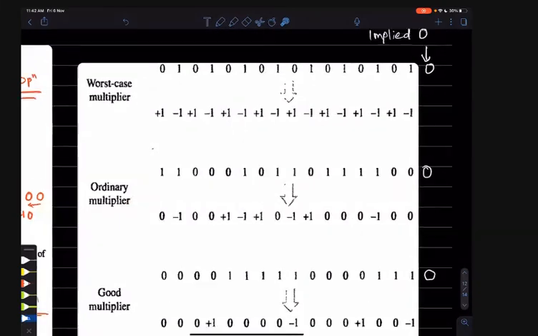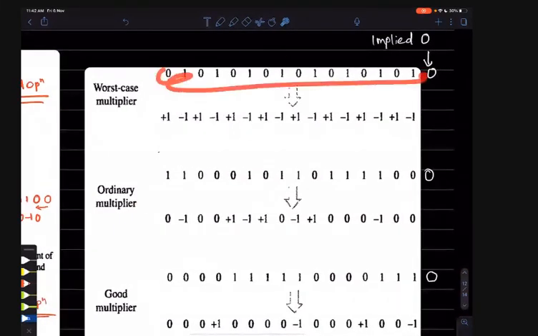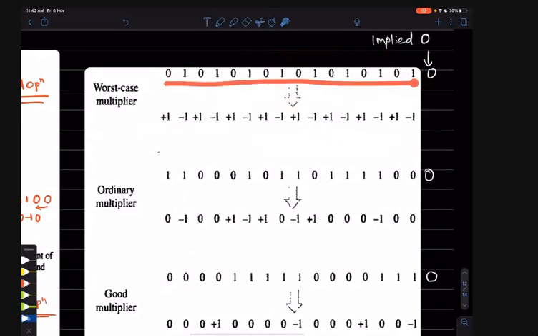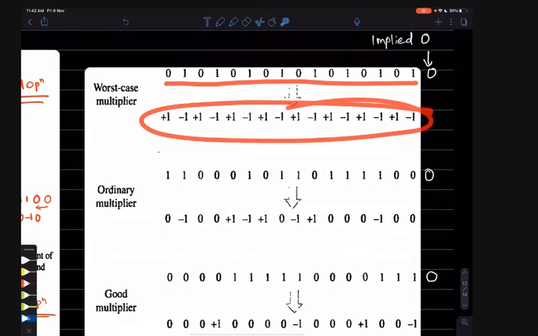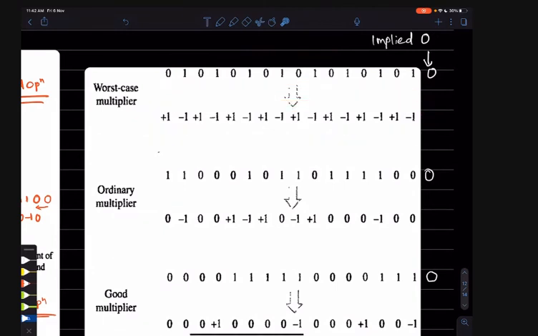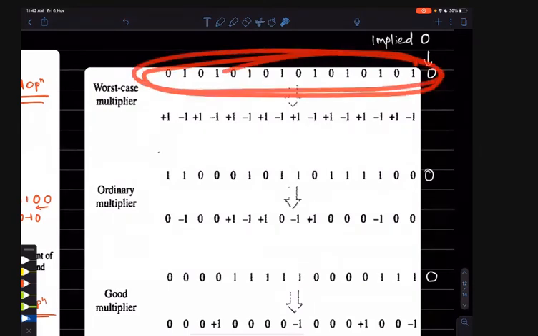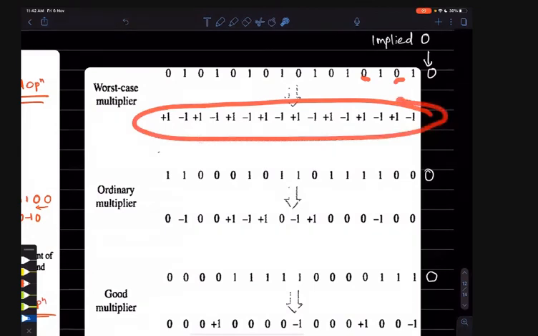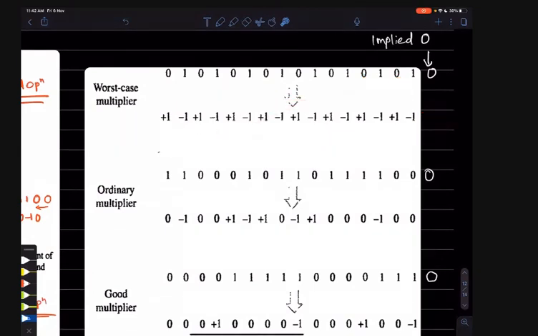Sometimes what happens, in this case 0 1 0 1 0 1, we will get +1 and -1. So instead of 10 additions we will get 20 addition operations. In the normal multiplier we will have some zeros, but in the coded multiplier we don't have any zero, so we have to do the addition operation in all the steps.